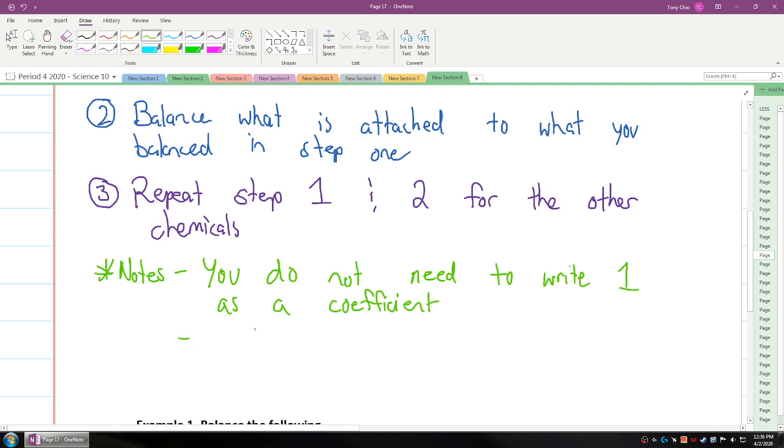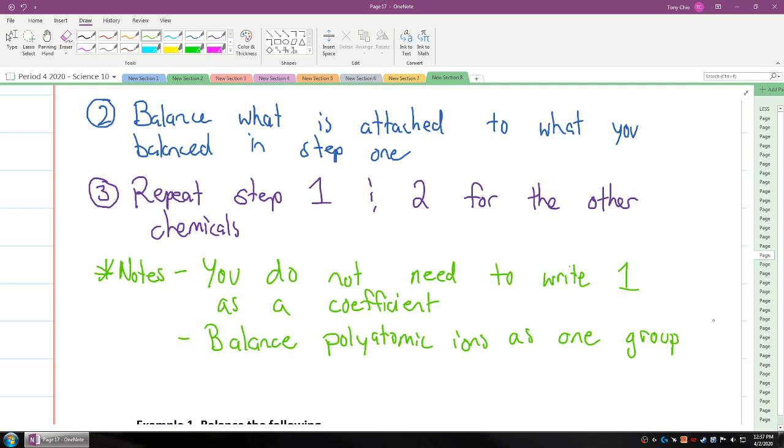The second note is balance polyatomic ions as one whole group. So, for example, if you have SO4, do not balance sulfur, the S by itself, and the oxygen by itself. No, balance it as if it's one whole group, SO4 itself.